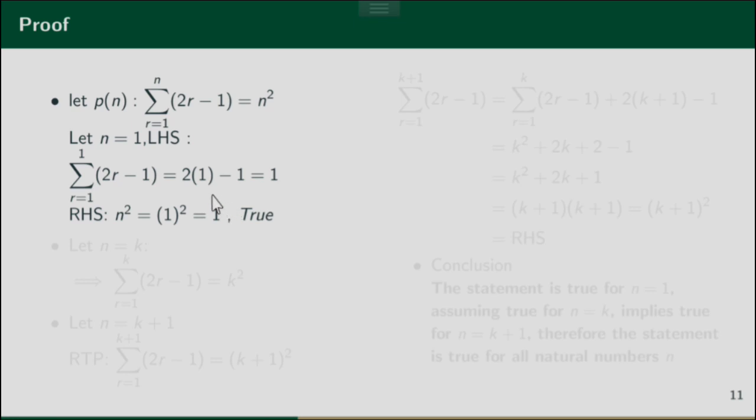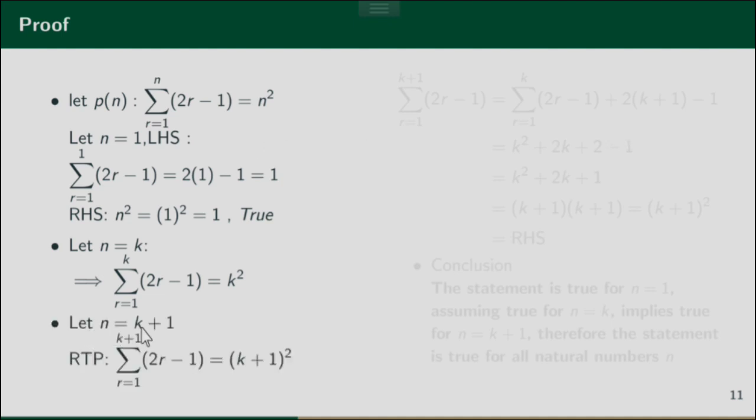Let me move on to the assumption step, where I'll assume that the statement is true for some n equals k. What does that mean? It means that the sum from r equals 1 to k of 2r minus 1 is equal to k squared. Now I'll use this assumption in the inductive step. In the inductive step, I have to show that the statement is true for n equals k plus 1.